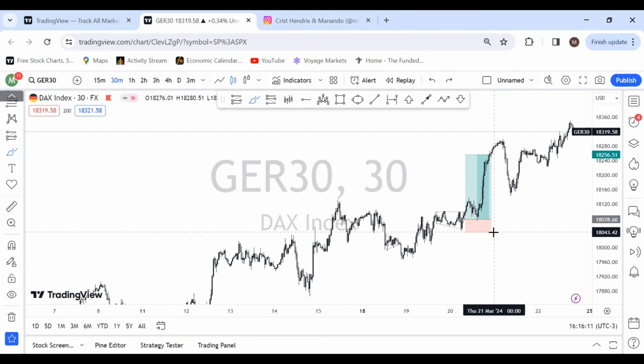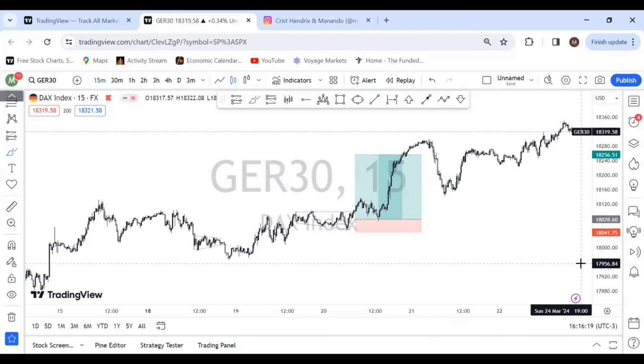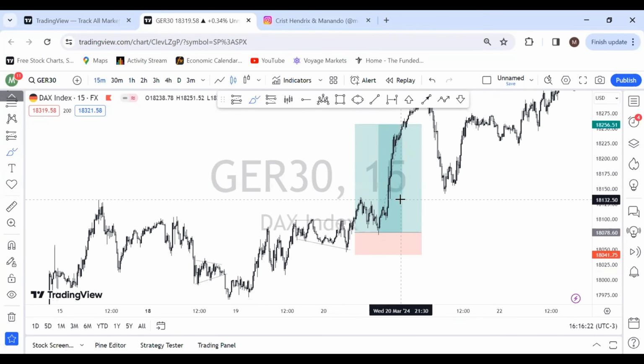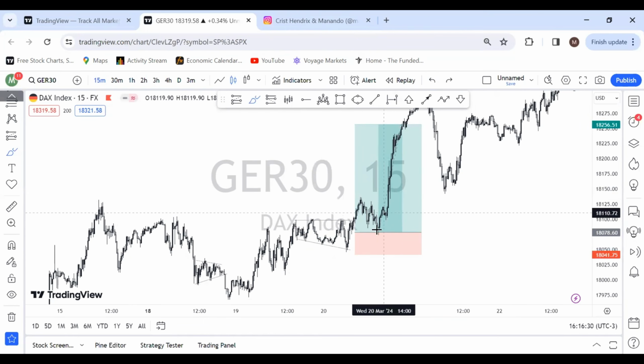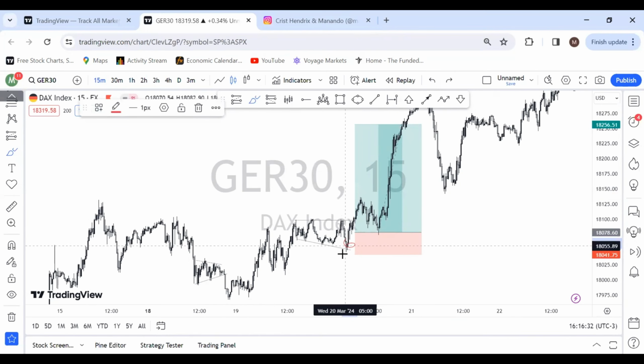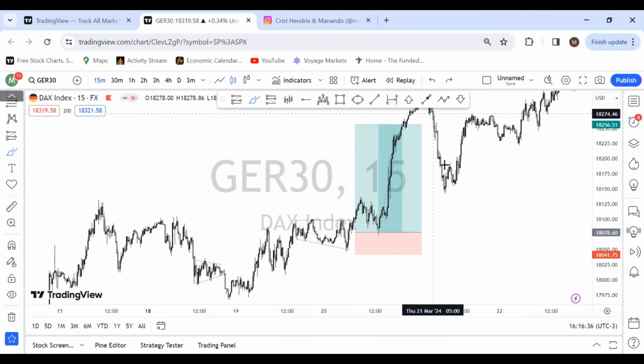There was not a lot that went into it. But then the concept is still the same, where you have your third touch being your highest probability. So here would have the first touch, second touch, and the third one right there. Execute at the third touch, and then just swing to your TP.